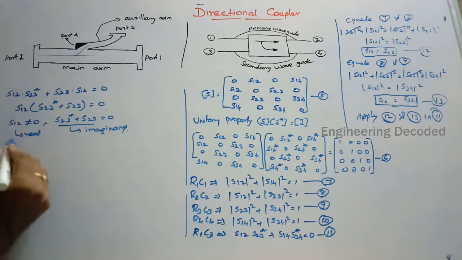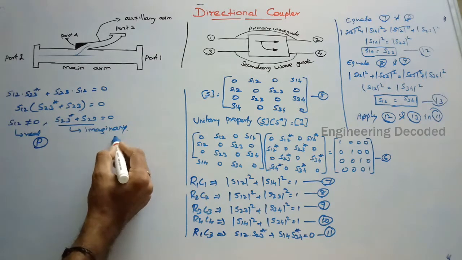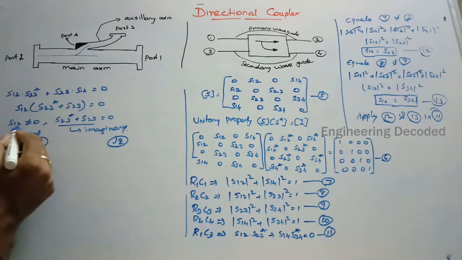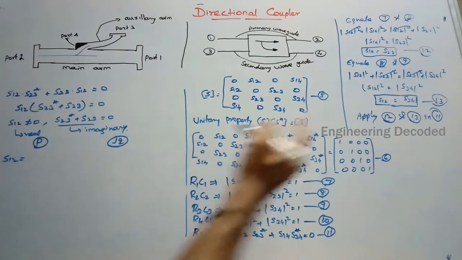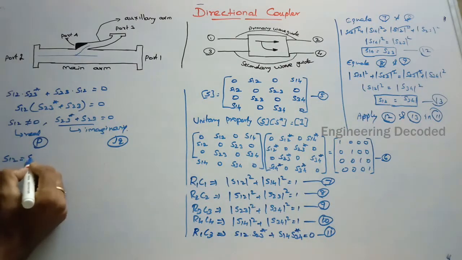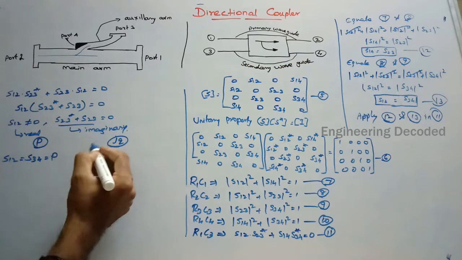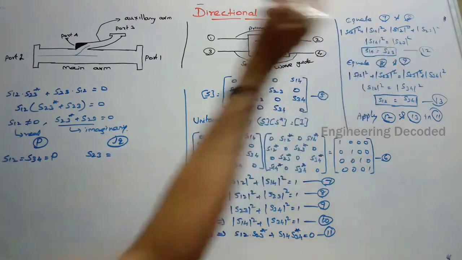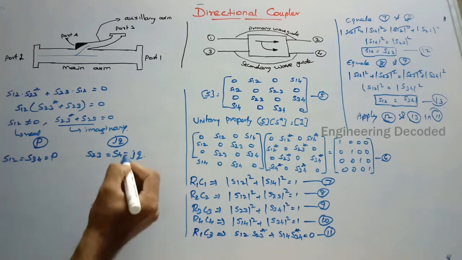So this real term we can represent as capital P. This imaginary term we can represent as JQ. So we have a relation S12 is equal to S34, which can be represented as P, and S23 is equal to S14, which is JQ.